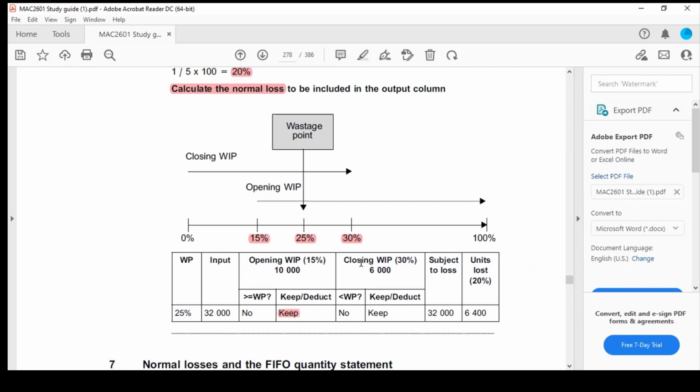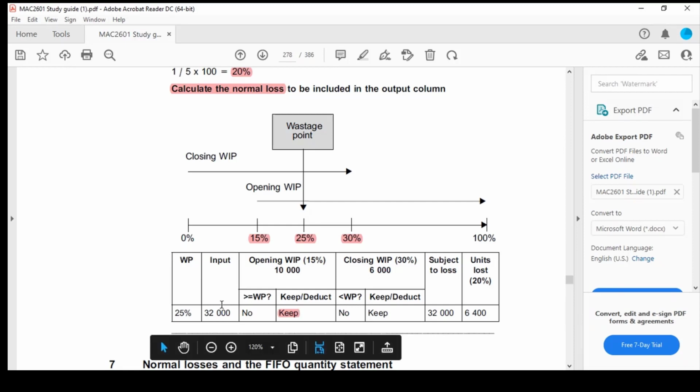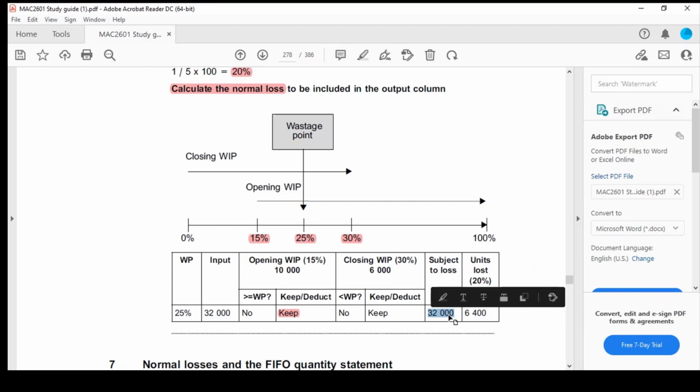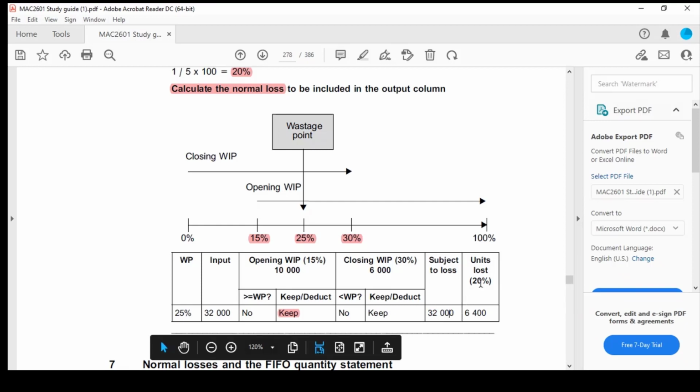It was after. So you're not going to deduct it from here, you keep it. So all the units that you started the process with will be subject to loss. It's the 32,000 multiplied by the 20%, therefore 6,400 units, you're going to lose them.